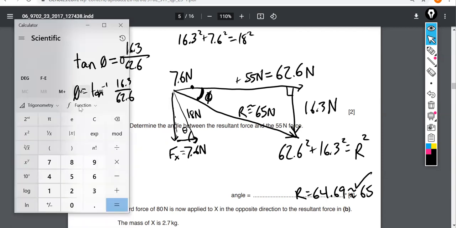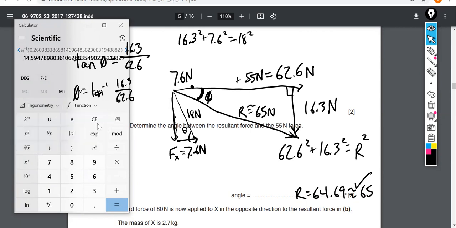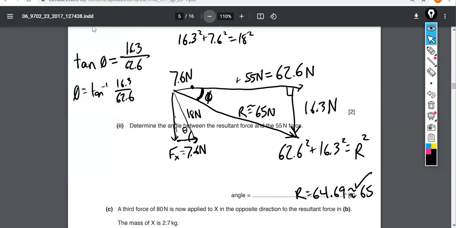So if I have 16.3 over 62.6, then the second key, the inverse tangent of that, gives me about 14.6 degrees. So we get an angle here of 14.6 degrees. You could say 15 degrees if you wanted to. That's the angle that the resultant makes with the 55 Newton force. There's 15 degrees between them.